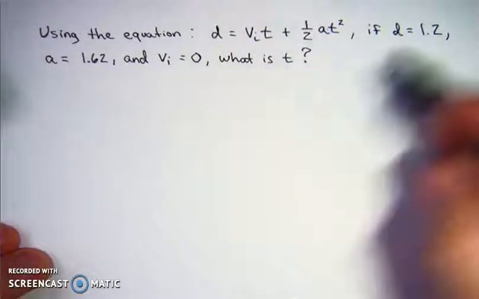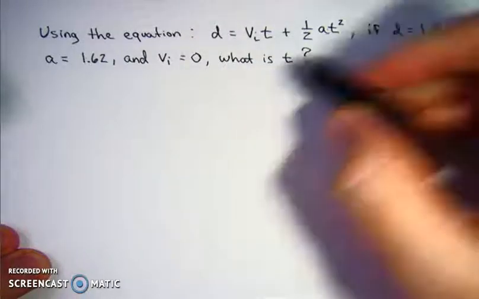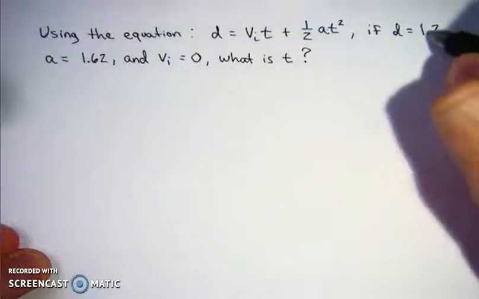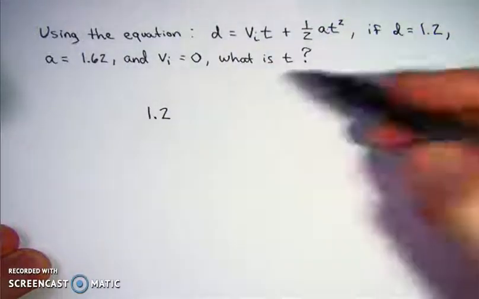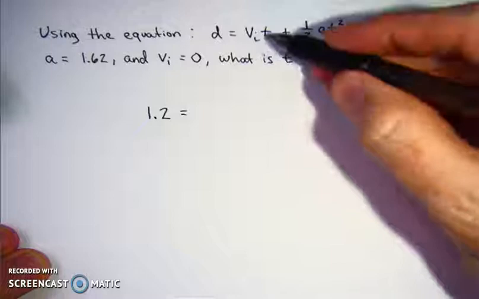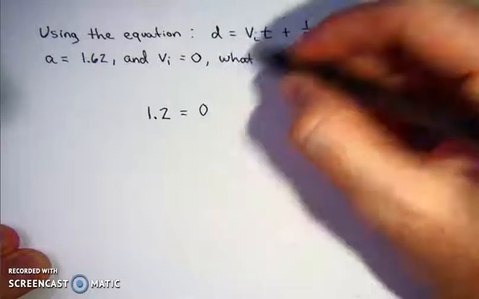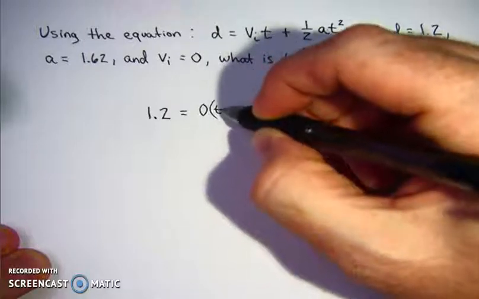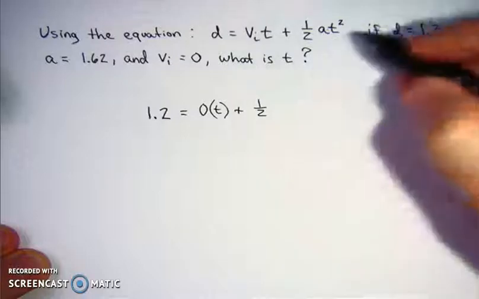Okay, so for d, we're going to have 1.2, so I'm rewriting this with the numbers in it. So d equals 1.2, and 1.2 equals VIT. VI is 0 times t plus 1/2 a.